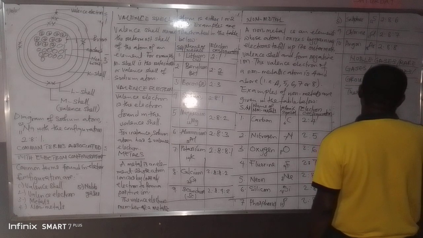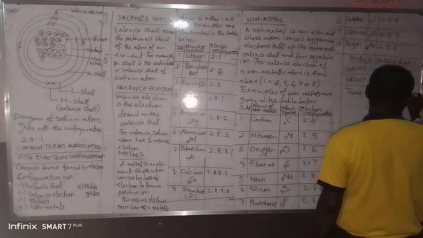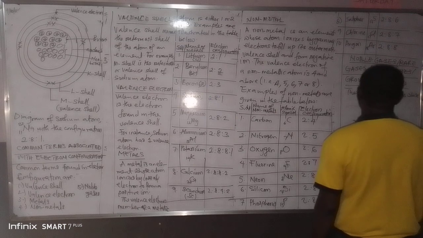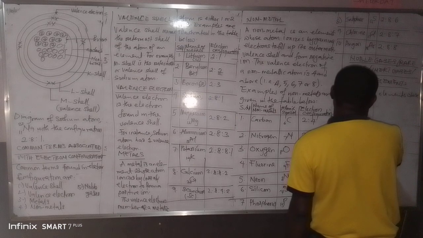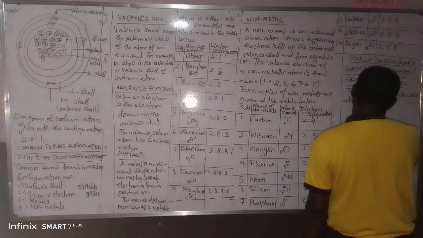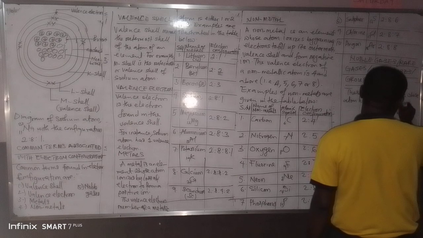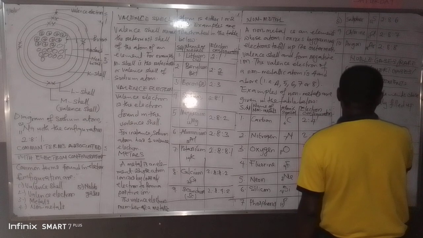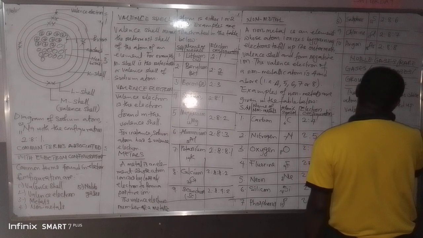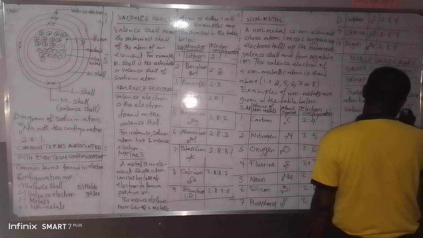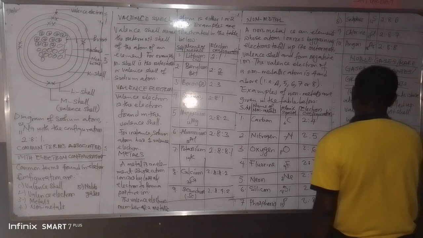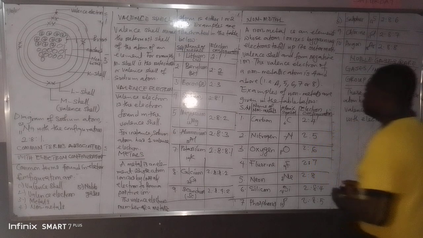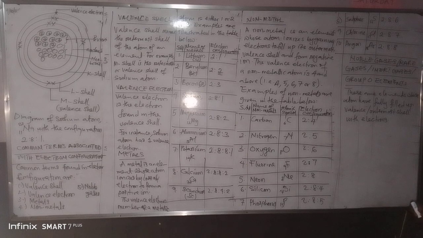These are elements whose atoms have fully filled up valence or outermost shell with electrons. So their outermost shell is fully filled up with electrons.